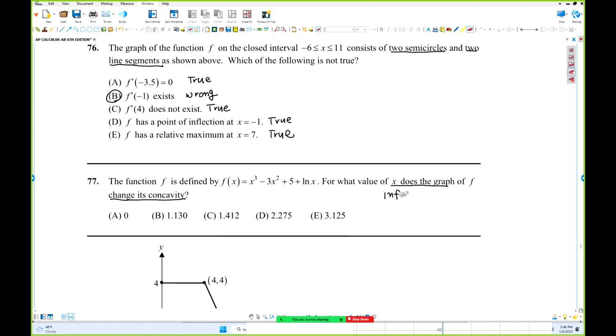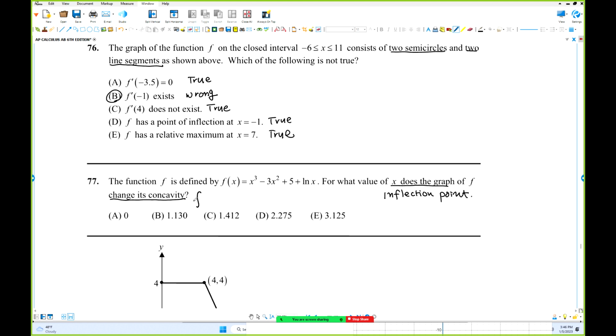You're going to find the inflection point, okay? How can you find the inflection point? Second derivative from the original, or first derivative is okay too.